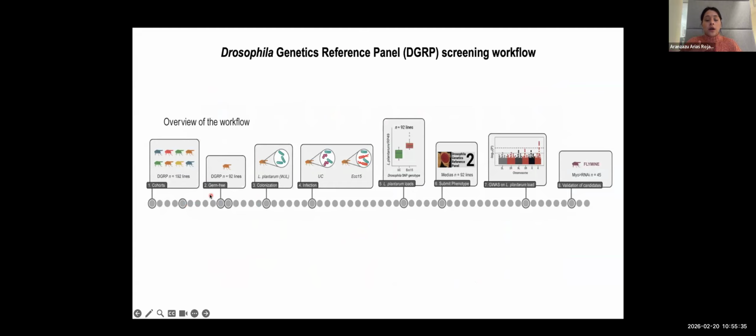Some of them were unable to thrive after the cleansing of all the microbes, but about 92 lines were able to grow in germ-free conditions. After that, we went deeper into the host-microbe mechanism by colonizing such lines with Lactobacillus plantarum, which is a natural microbiome member that also belongs to the Firmicutes family and can colonize Drosophila and humans as well, right?